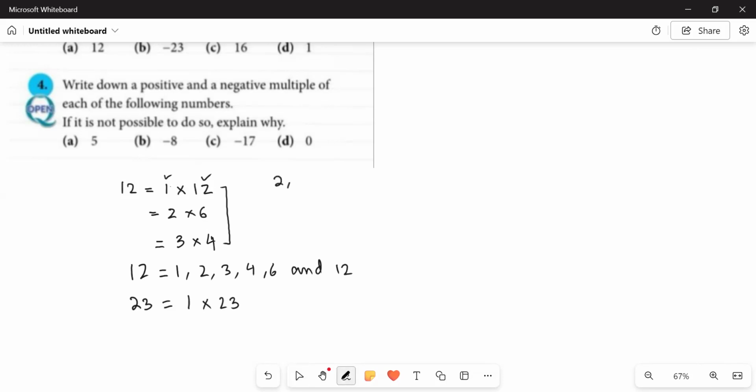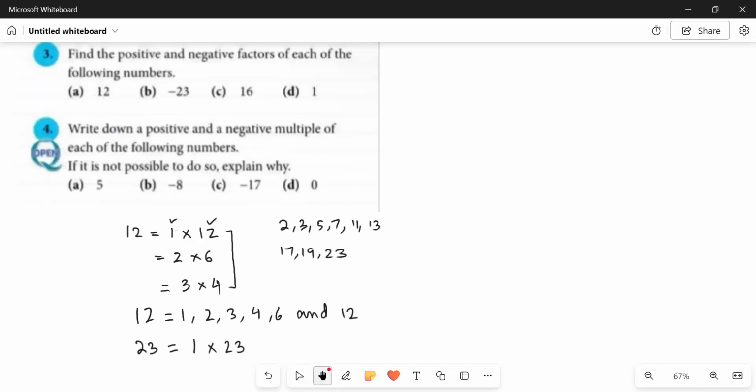For example, 2, 3, 5, 7, 11, 13, 17, 19, 23. These are all prime numbers and there are infinite prime numbers because these numbers have only 2 factors. One of their factors is 1 and the other one is themselves.